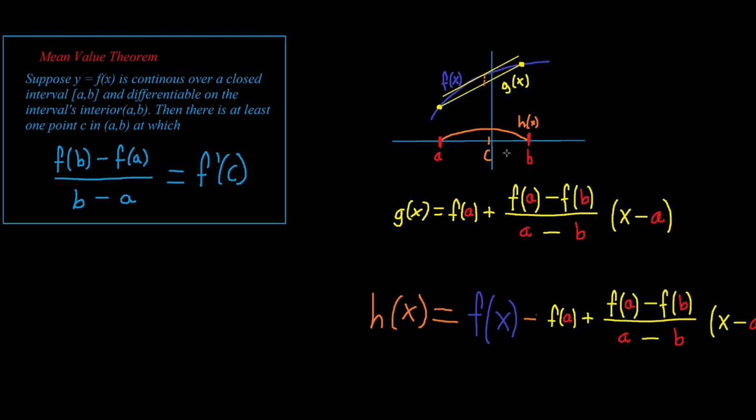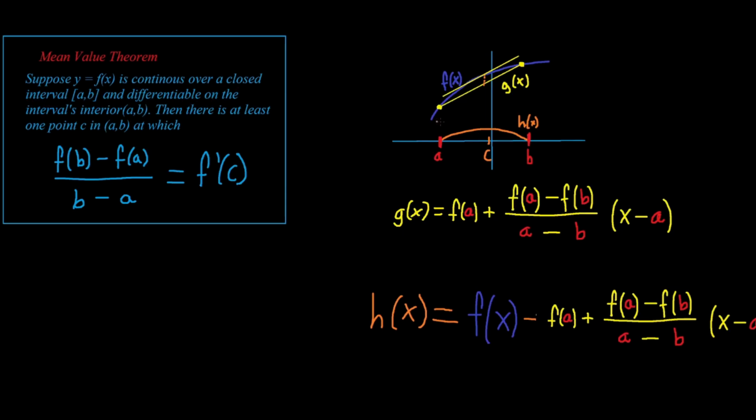So in other words, there must be a maximum and minimum value on h of x, because f of x, in this theorem we wrote, is continuous over a closed interval, and g of x is just a straight continuous line in that interval that is defined on both a and b. Then the difference between them is also going to be continuous and differentiable. So we can say that h of x fits the extreme value theorem. And in other words, we know for sure that there's a minimum and a maximum.